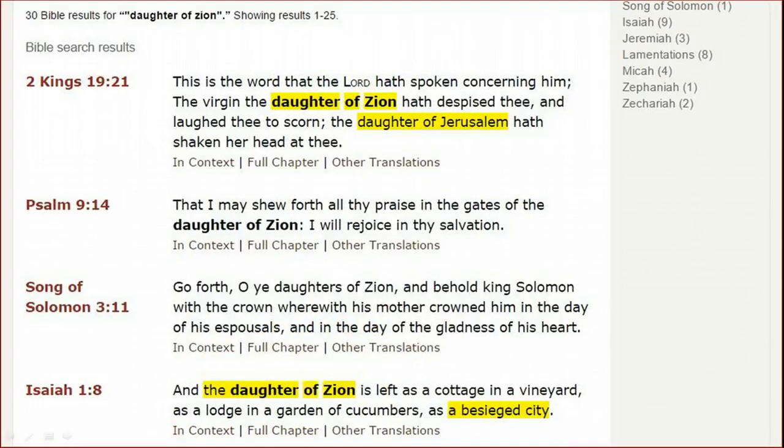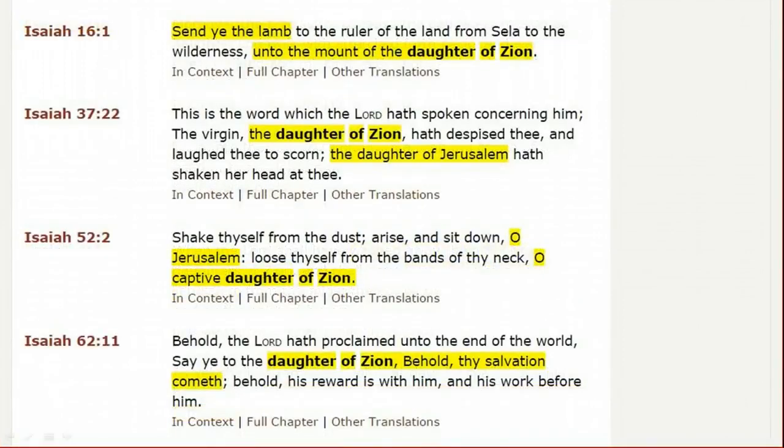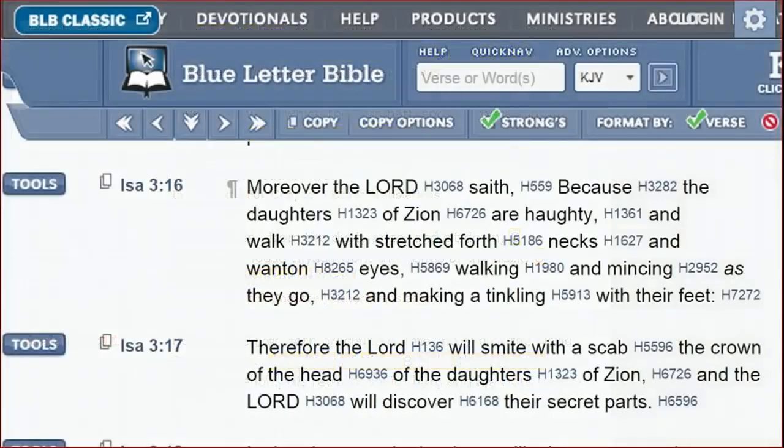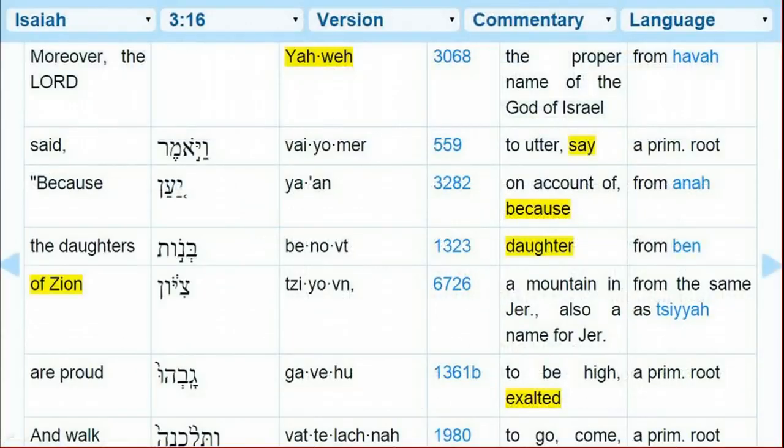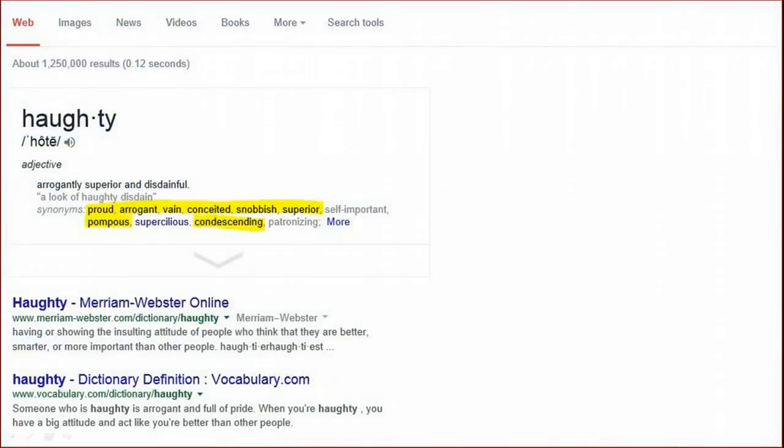However, even in Isaiah, the singular daughter of Zion is the most predominantly used. As you can see, it's in Isaiah 1, daughter of Zion, Isaiah 10, daughter of Zion again, and also in Isaiah 16, Isaiah 37, 52, and 62 all use the phrase daughter of Zion. So in Isaiah 3:16, the word translated as daughters, number 1323, also means daughter singular. And the word exalted here, number 1361, is translated as haughty here, and the word haughty means arrogant.